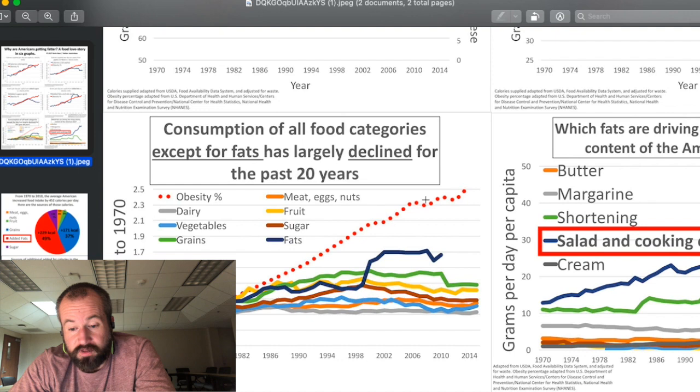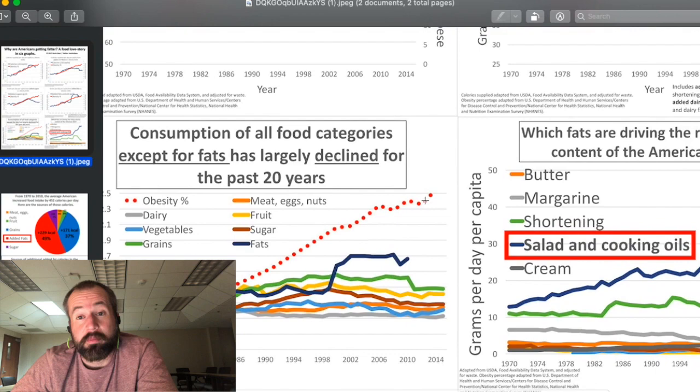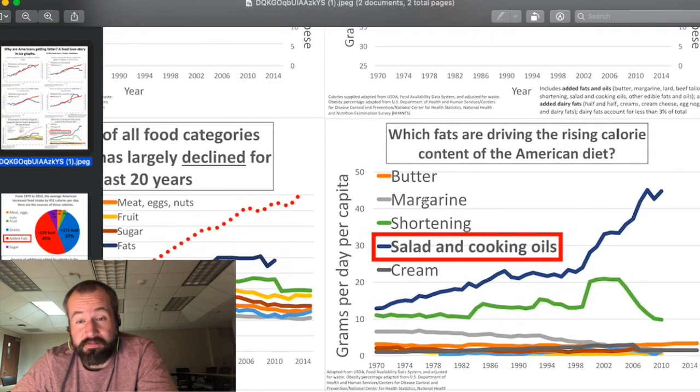Meat has slightly gone up. It's been relatively consistent. Fruit has gone down. Sugar has gone down, but guess what? Fats have increased dramatically in this period of time. So fats are the only thing that are going up. Everything else seems to be going down. That's interesting, except for meat and dairy, but those are consistent. But fats have really gone up.